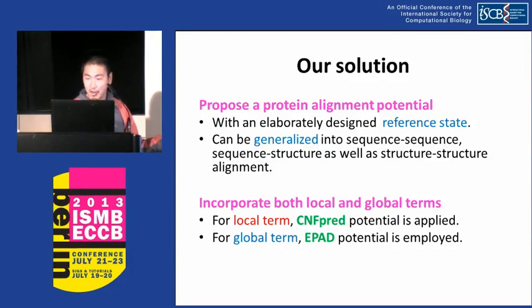Second, we incorporate both local and global terms in this alignment potential. For the local term, the CNFpred potential instead of the probability is applied. For the global term, the EPAD potential is employed to measure the global fitness of the two aligned positions. In the later slides, I will introduce these two parts in more detail.